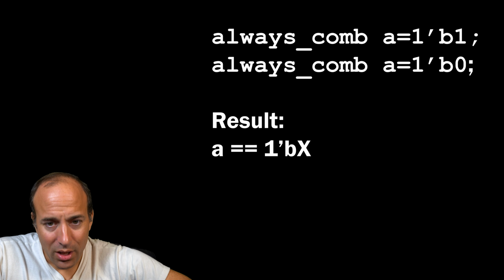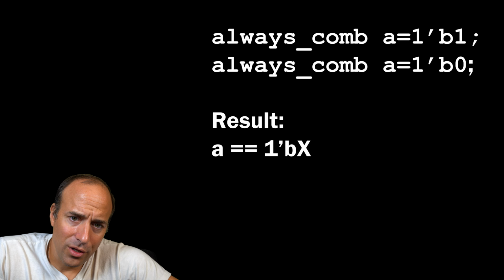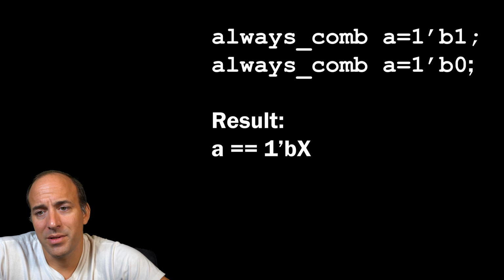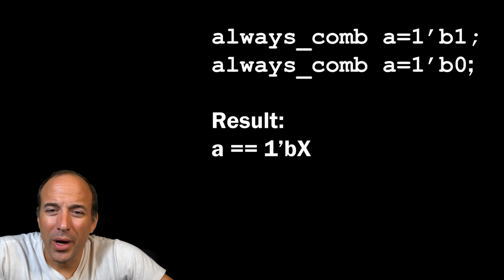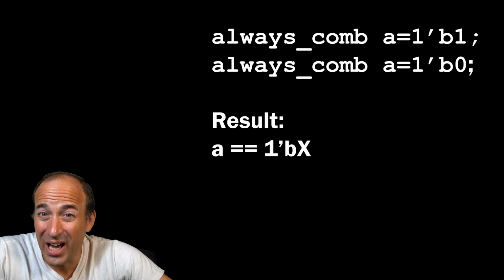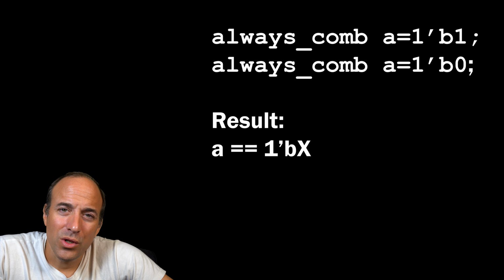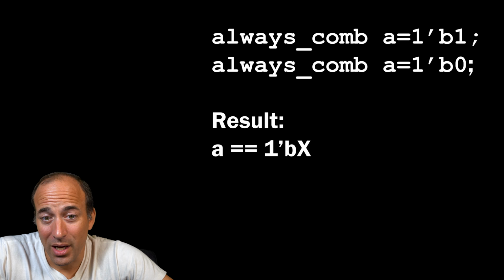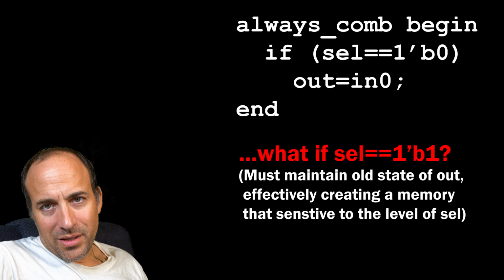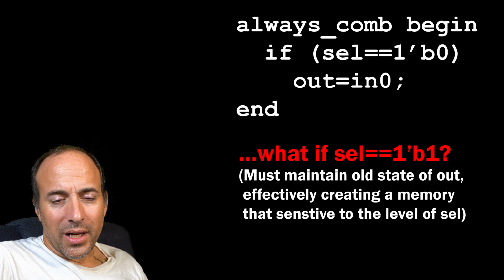Another complication of using an always block comes from the potential for activating an always block and having it follow a path of if statements, a control path, that doesn't result in setting all of the possible outputs of the always block. For example, if you were to omit the else part in our multiplexer code, then the out signal would not be assigned when the block is activated when the value of select transitions to 1.